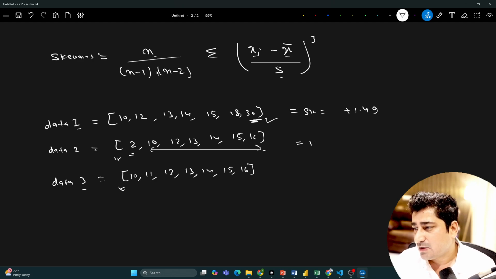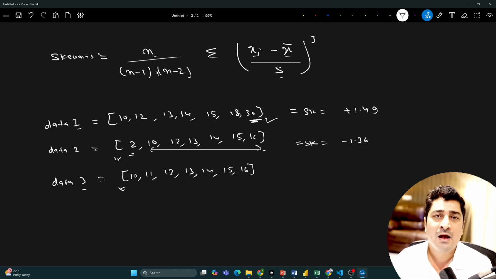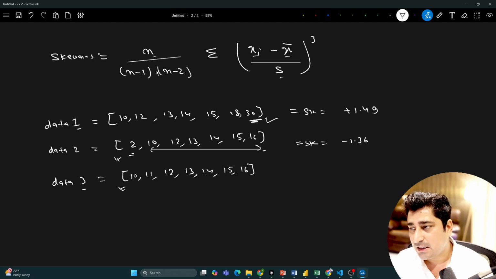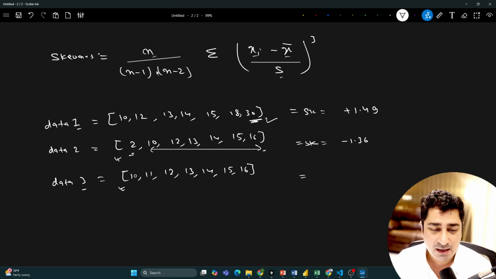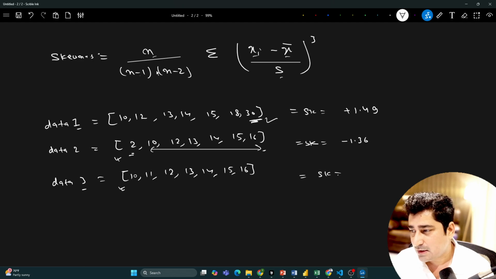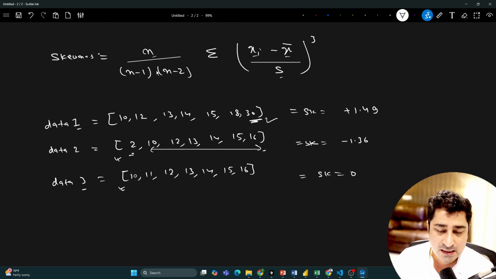For data number 2, the skewness is going to be minus 1.36, with the help of the same formula. Or you can use a library, the stats library, which will also give you the values. And here I find skewness equals 0. Just by looking at this data, you can find the exact same thing.